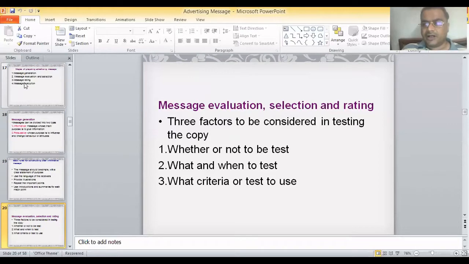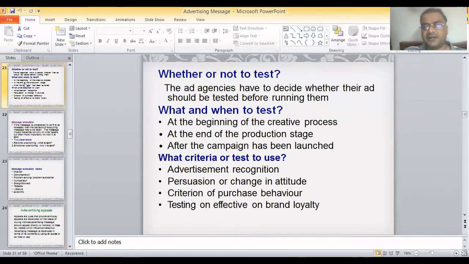Second is what and when to test, and what criteria or what test to use. First one, whether or not to test. The ad agencies or the advertiser have to decide whether they need to test the ad before launching or running it.